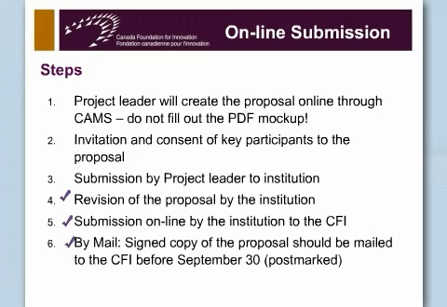Okay, I have a confirmation here saying that indeed you will be able to attach those in the contribution to business innovation section. So these will be appended to your proposal online.